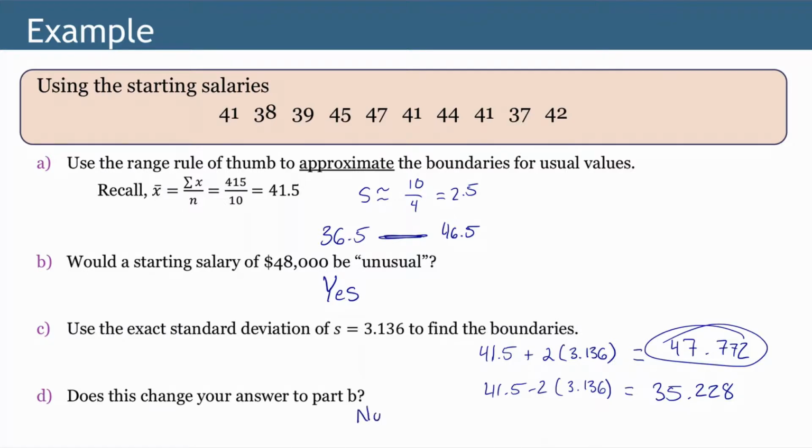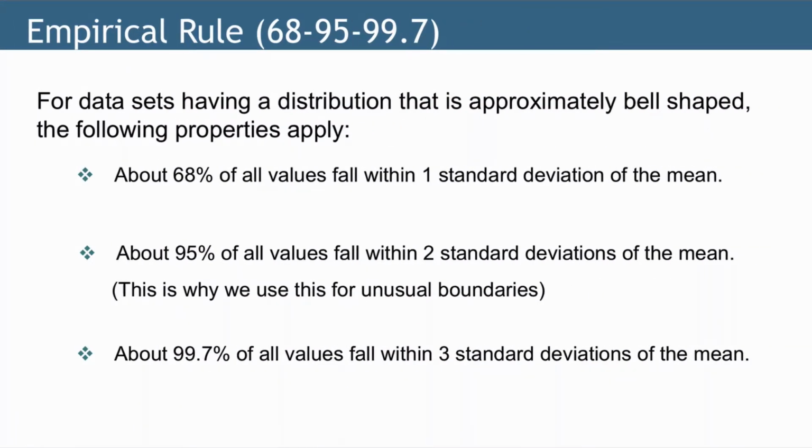And down here, does this change your answer? No, it doesn't. So whether I use the approximate or the actual standard deviation, I ended up getting the same thing. Now obviously you can see they're a shade different in terms of where those boundaries are, but they are pretty darn close.